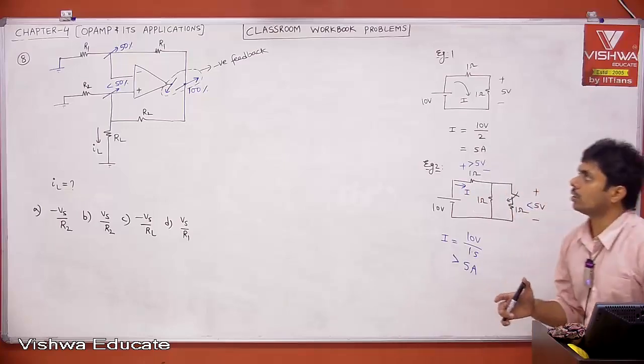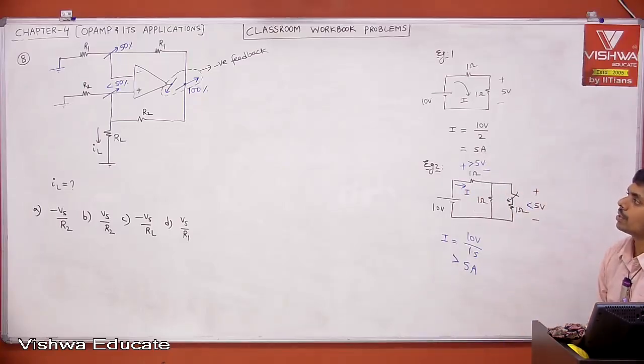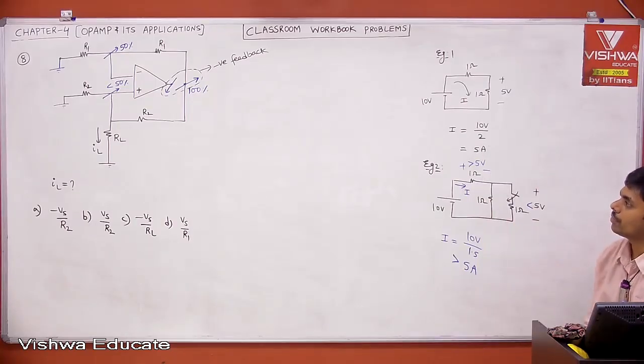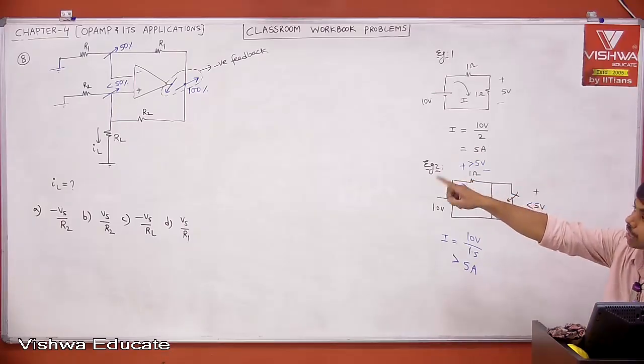I hope everybody understood how to find the type of feedback, because it has both negative feedback as well as positive feedback. Then now we found which is dominating. We found that negative feedback is dominating. Therefore, overall this is negative feedback. Your op amp is in negative feedback. Then we can apply the virtual short concept, then apply nodal analysis. You'll get the answer. Okay. Now we need to find the current which is flowing through RL.